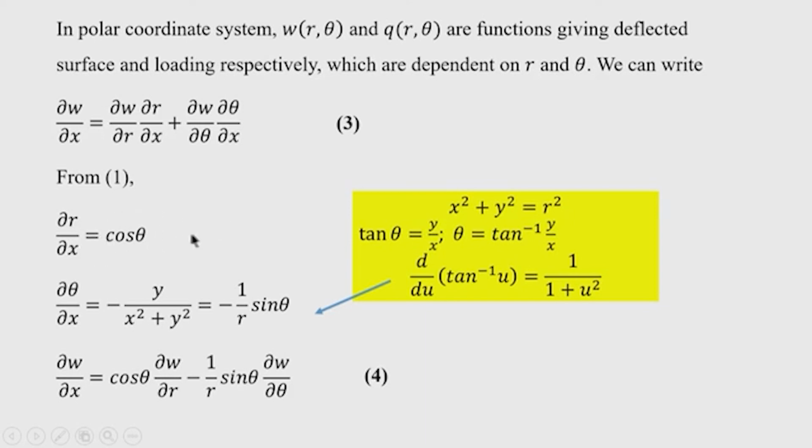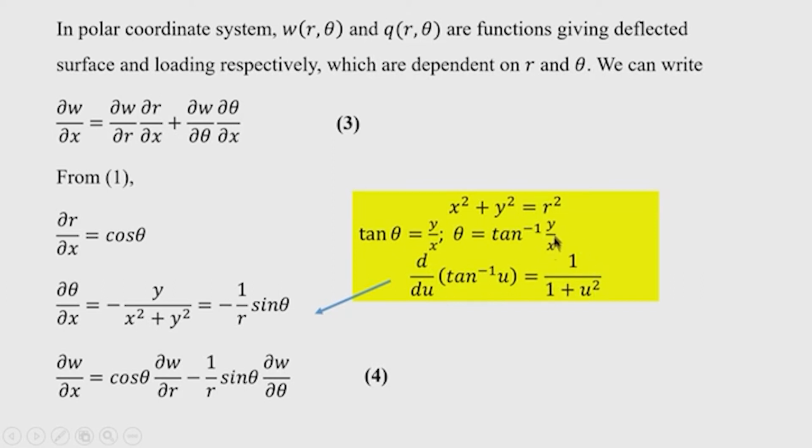Okay. Similarly, when we want to find del theta by del x, let us see what theta is. Tan theta is equal to y by x. So, theta will be tan inverse of y by x. The differentiation of an inverse trigonometric function, tan inverse u, with respect to variable u will be 1 upon 1 plus u square.